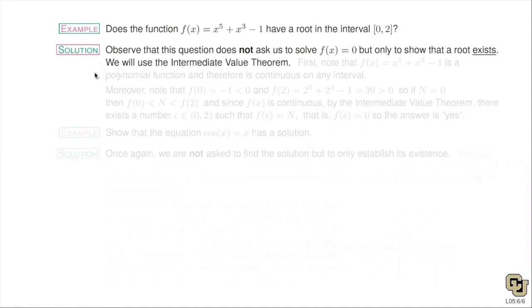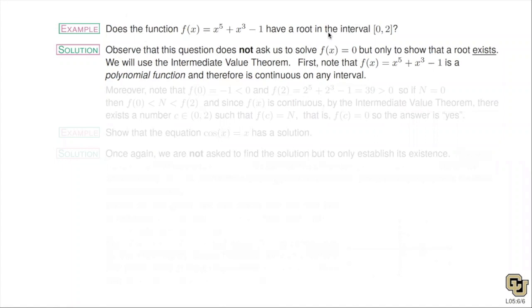So we will use the intermediate value theorem. And therefore, the first thing I do for the intermediate value theorem is make the comment that the function we're dealing with, x to the fifth plus x cubed minus 1, is a polynomial function, which implies it's continuous on any interval. Certainly 0 to 2, it's continuous for all reals. So now we can start to use the intermediate value theorem.